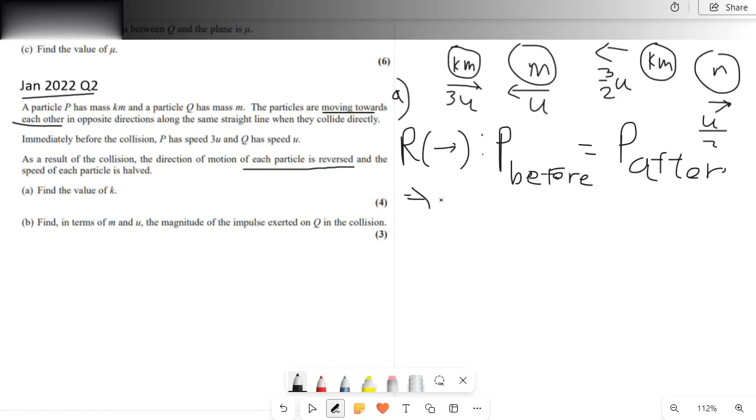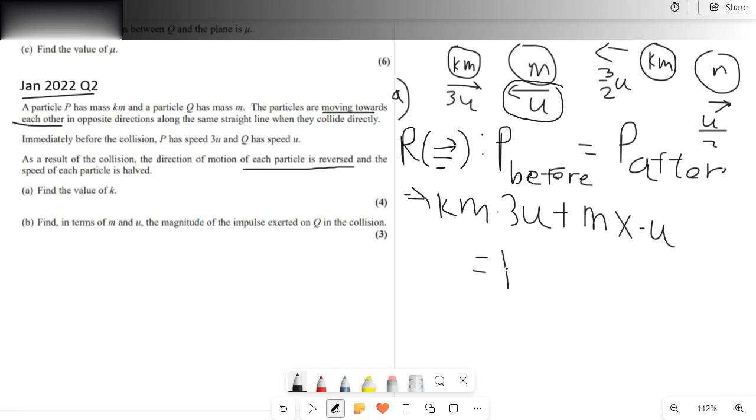P before was km multiplied with 3u plus m multiplied with minus u, because u is towards the left and we are considering the right side as positive, equals P after, which is km multiplied with minus 3 by 2 u, just like previously this is towards the left, so negative, plus m multiplied with u by 2 because this is towards the right.